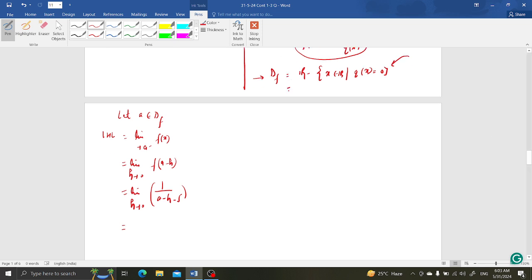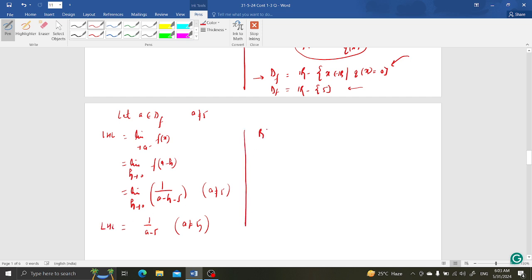Our domain is R minus 5, because only one point is excluded, so obviously a is not equal to 5. If you apply the limit, we get 1 upon a minus 5, and it is defined because a is not equal to 5. This is your LHL.